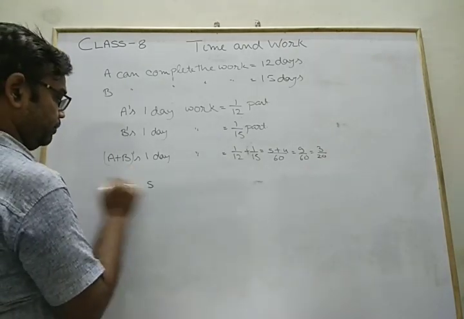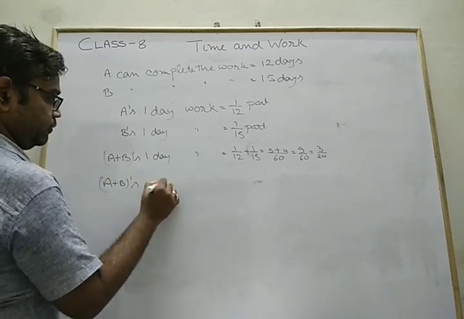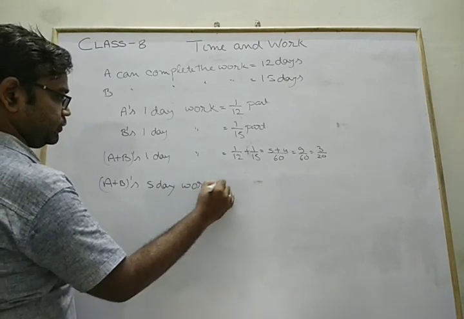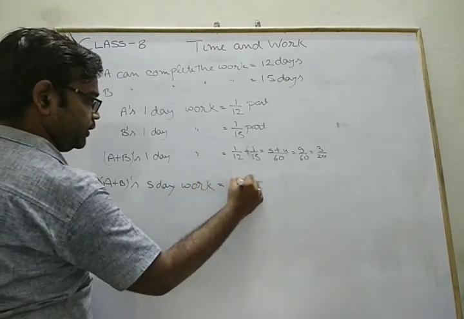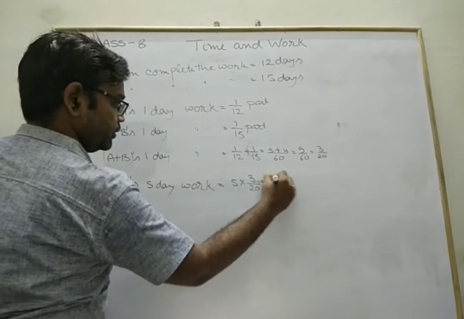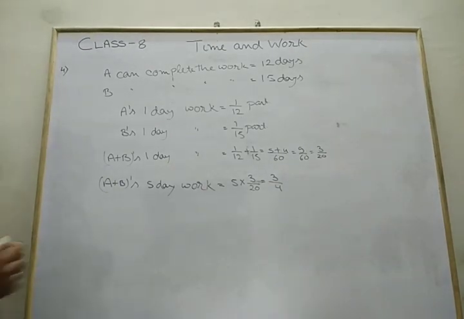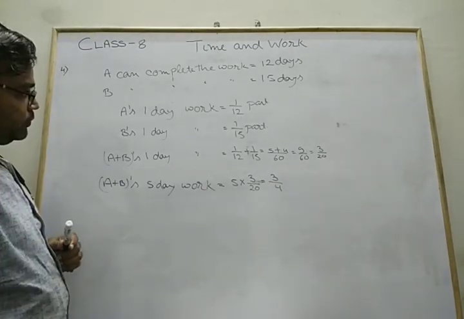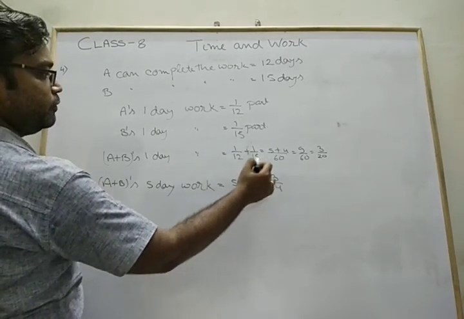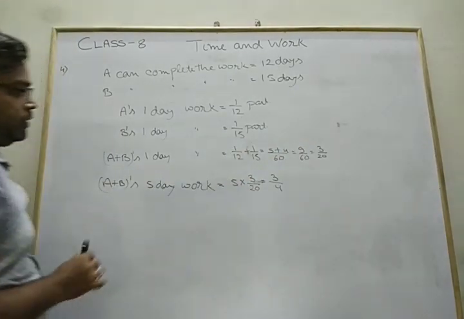So A plus B's 5-day work equals 5 into 3 upon 20, which is 3 upon 4. This much work they complete together. Once again, check: 5 plus 4 is 9, and 9 upon 60 is 3 upon 20. Clear.